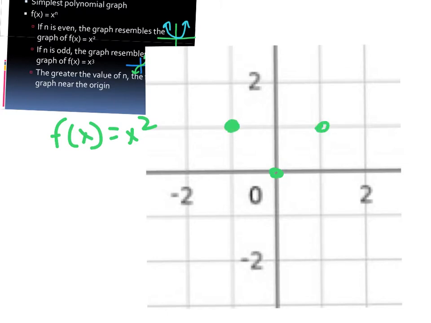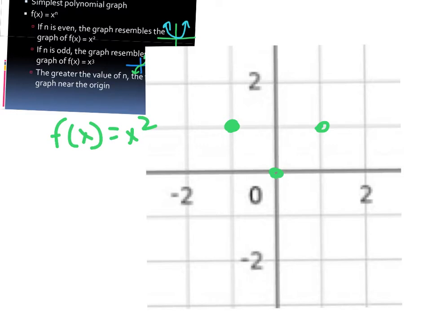That won't change if it's squared or raised to the 4th or the 6th. Like x to the 10th, if I plug in a 1, what is 1 to the 10th? Still 1, right? So those points are not going to change. What will happen outside of that obviously will change. It will increase faster. But what's happening in between is what we're talking about here, okay?